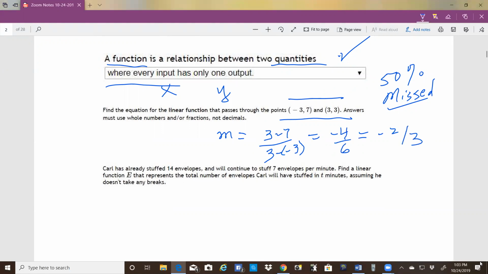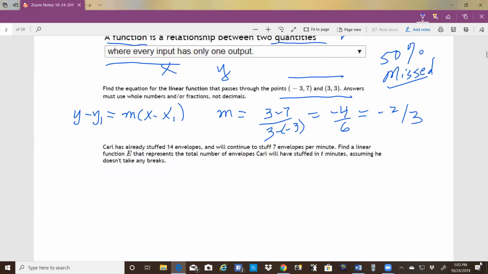And then use the formula y minus y1 equals m times x minus x1. And I won't finish it. But anybody who missed this needs to go and redo it.